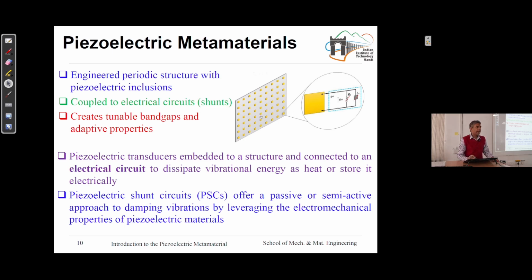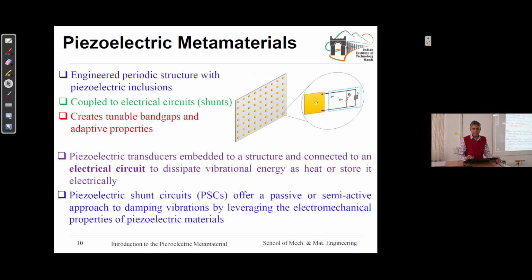If you want to have an active property, then you also have to use every meta atom with a shunt circuit. That will have resistance, inductance, and of course the capacitor is the piezoelectric material itself, as you know that piezoelectric materials behave as a capacitor.